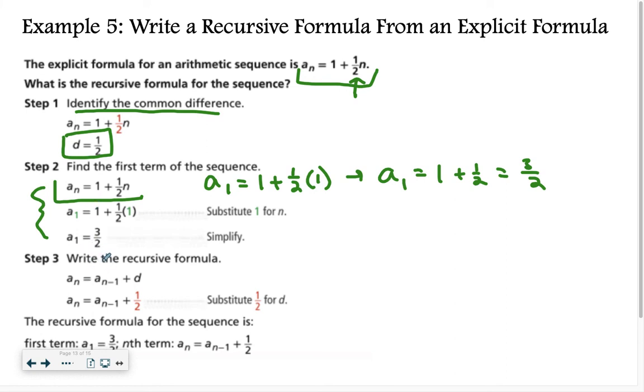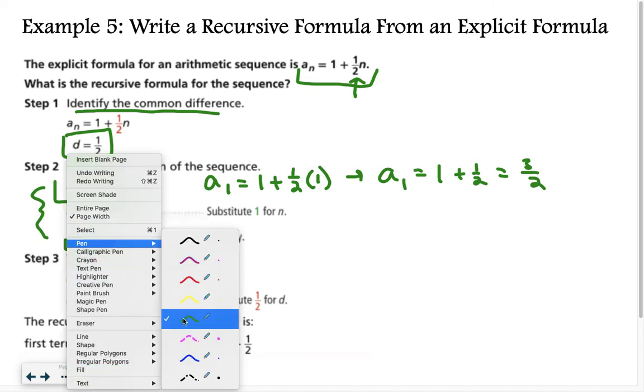So then step 3, write the recursive formula. Once you know your first term and once you know your common difference, you can write either of the formulas. For a recursive formula, you list your first term.